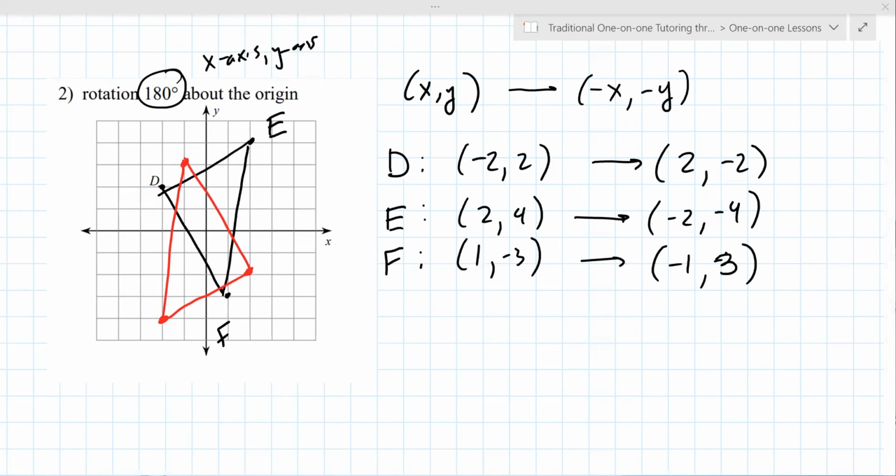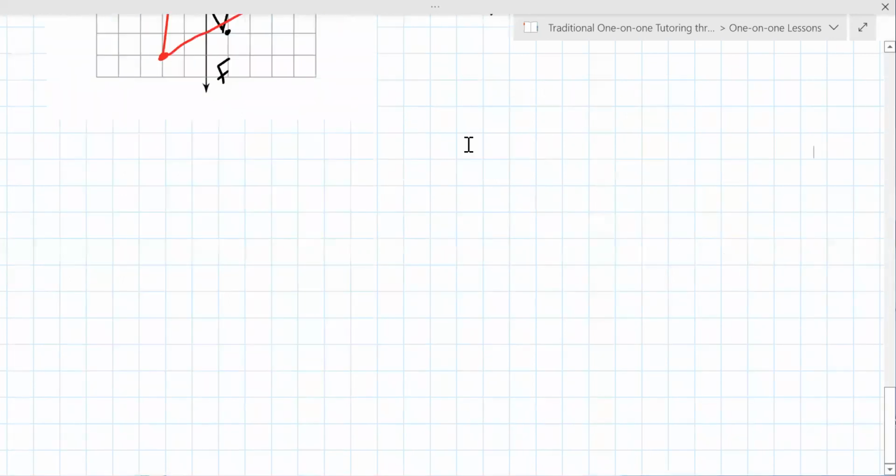So those are the three. If you want to summarize here, we can do that for the three transformations that you need to know.